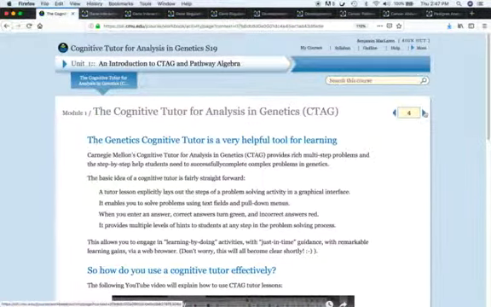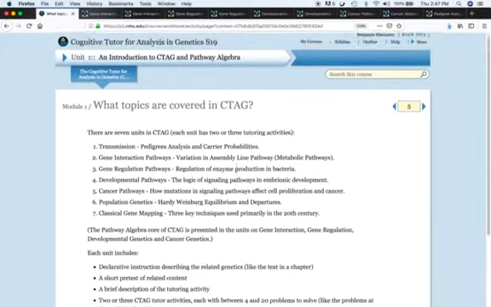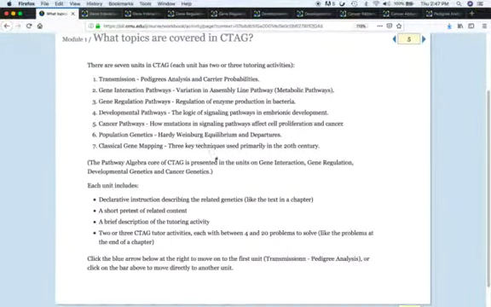And the next page talks about what topics are covered in CTAG. There are currently 7 units that have been ported to OLI.